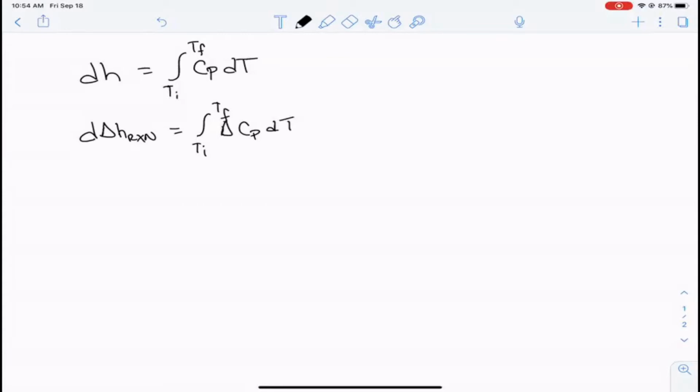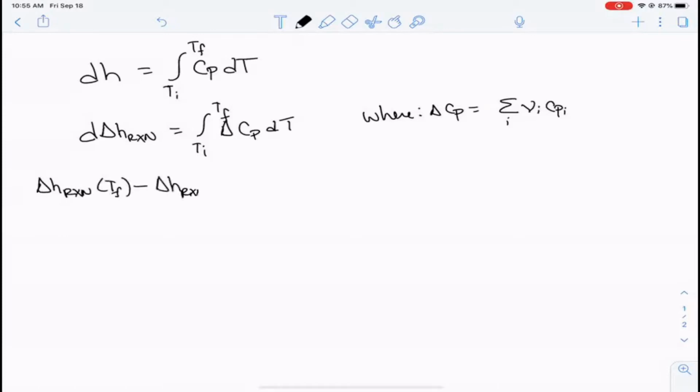And I'm actually going to end up defining delta Cp as equal to the sum of the stoichiometric coefficient for each species times the heat capacity of that species i. And so if we look at this problem, then we have delta H of reaction at T final minus delta H of reaction at T initial, then equals just that integral.